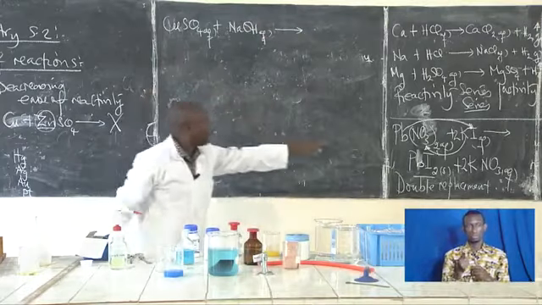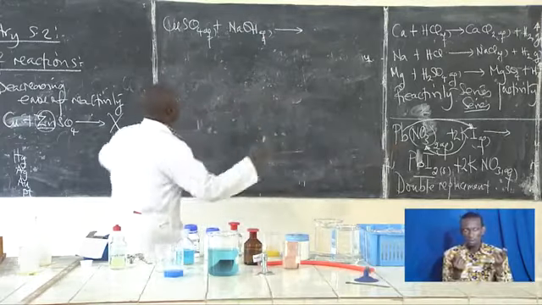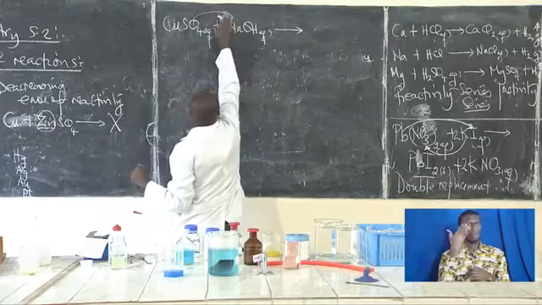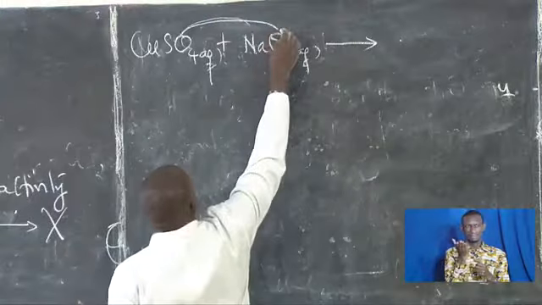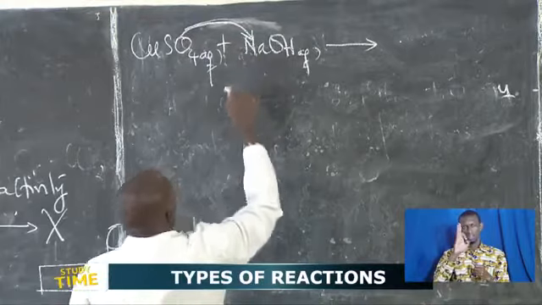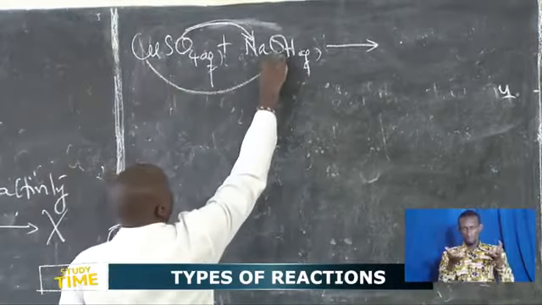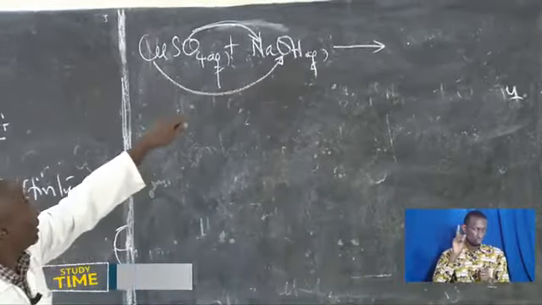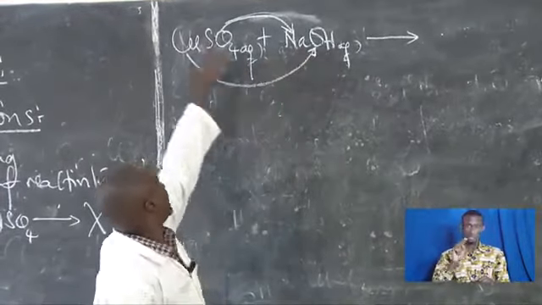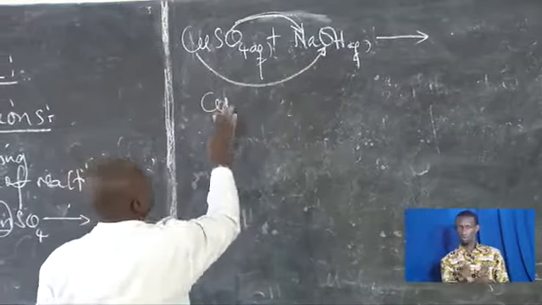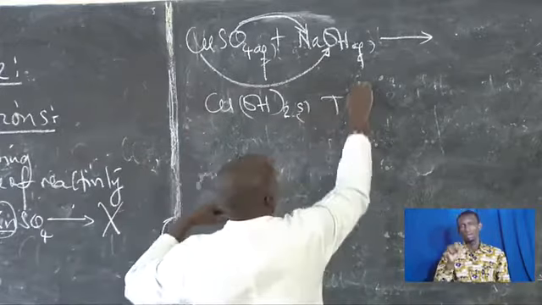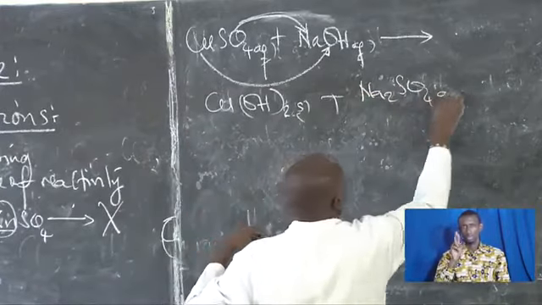Can you predict from what we did here? You can easily predict from this one. The sulfate combines with the sodium. So what is happening? The cation of one compound reacts with the anion of the other. So this gives copper hydroxide solid, plus sodium sulfate.